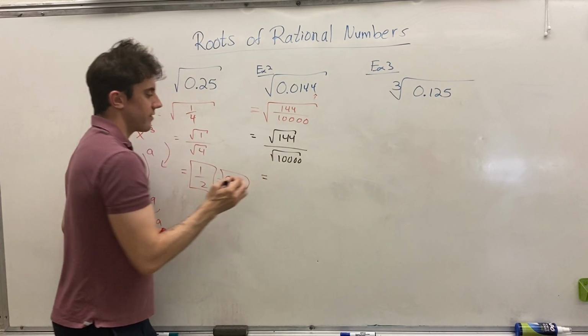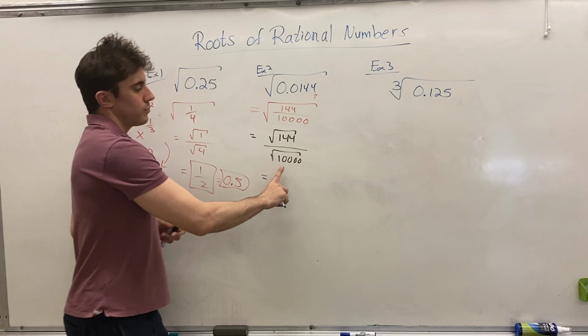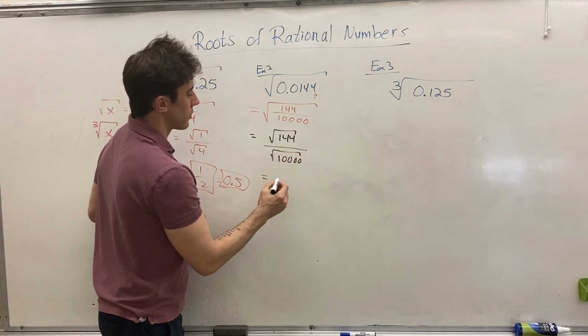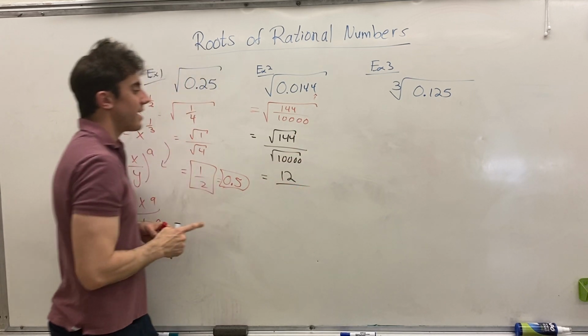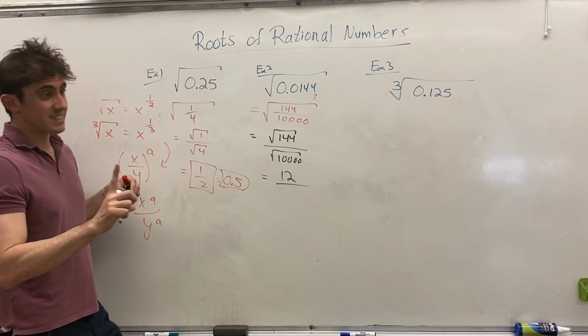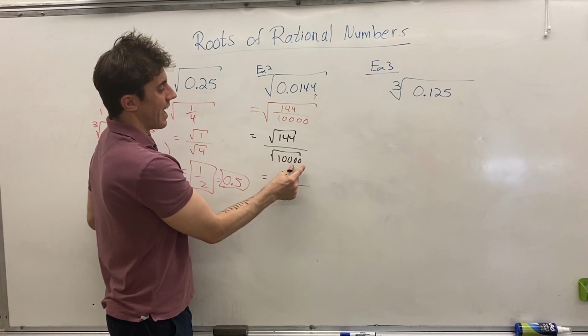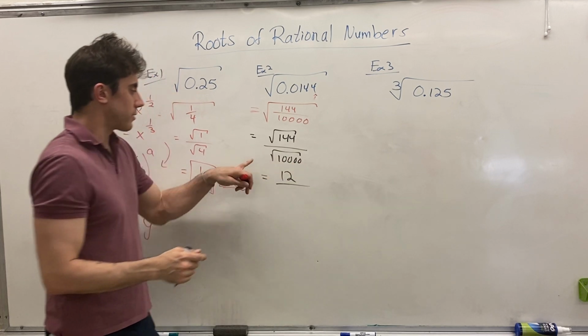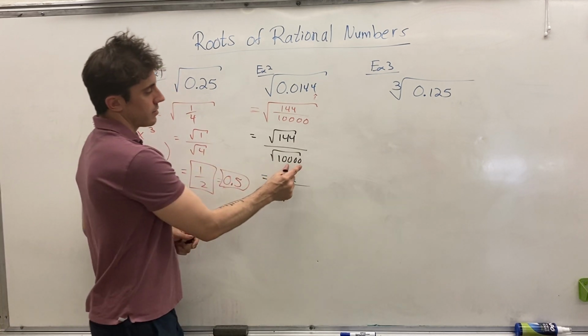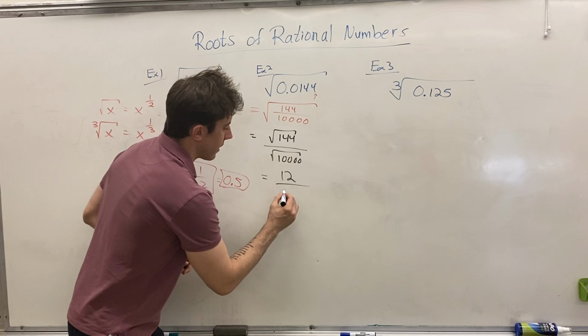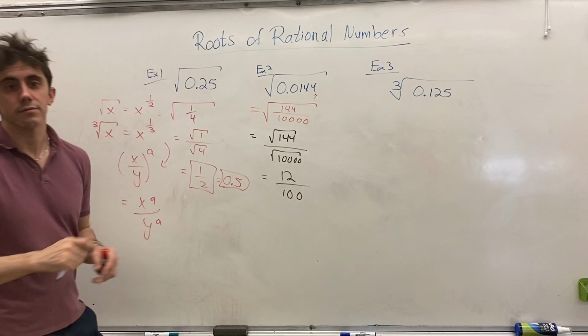And now we can evaluate these individually. We've known for quite some time that the square root of 144 is 12, and the square root of 100 is 10, and the square root of 10,000, we can simply halve the number of zeros whenever we're evaluating the square root. And so if we halve the number of zeros, we'll have 100 as the square root of 10,000.